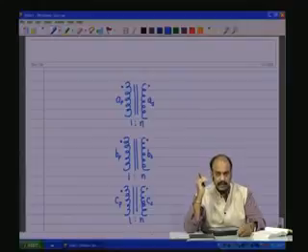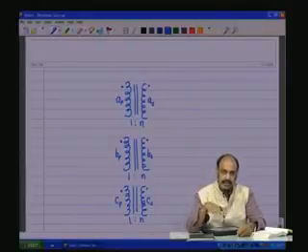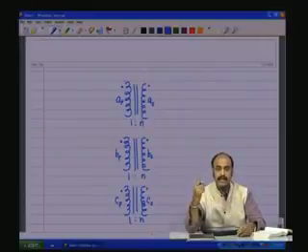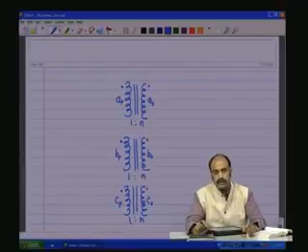It will have a finite leakage reactance on the primary side, a finite leakage reactance on the secondary side, a finite winding resistance R primary, and a finite winding resistance on the secondary side R secondary.